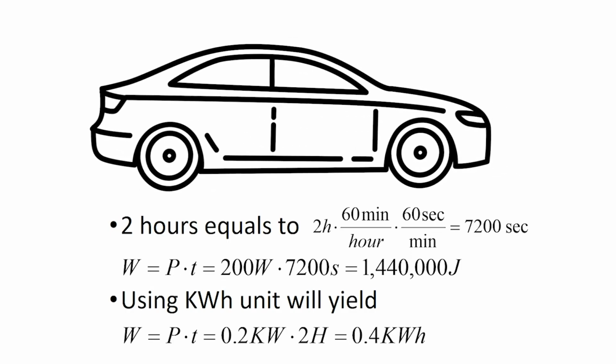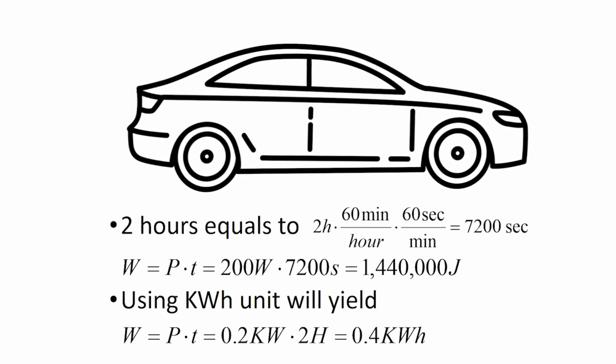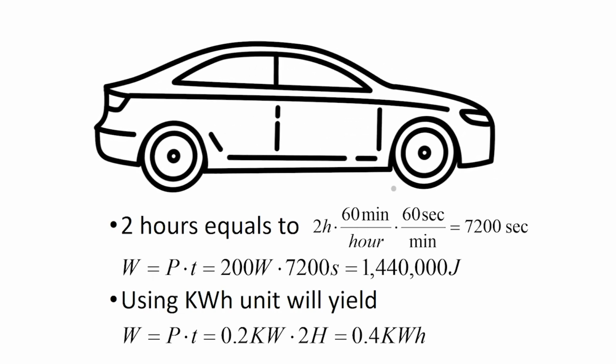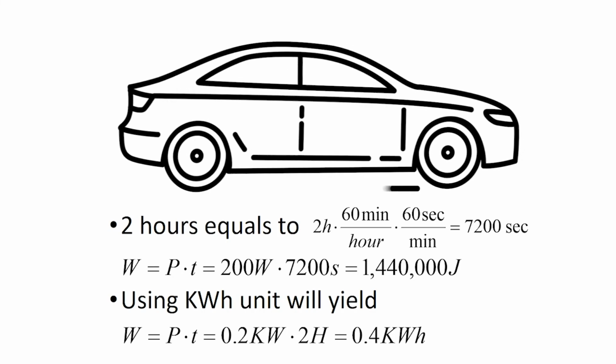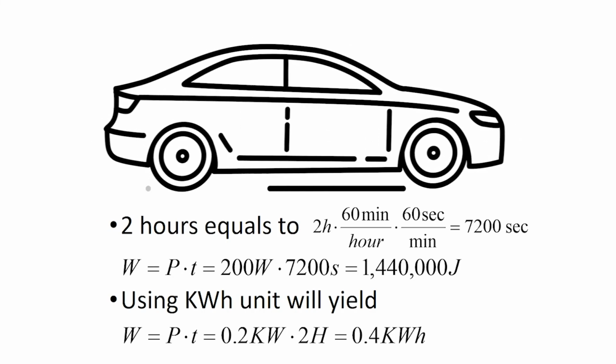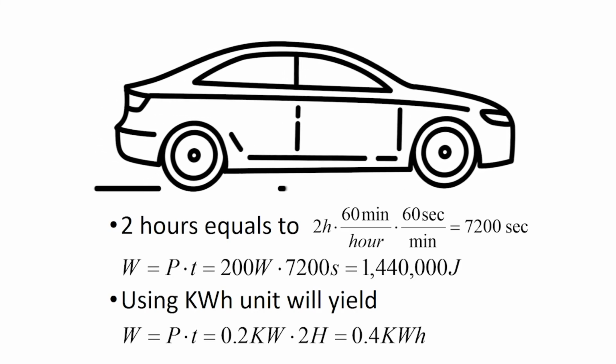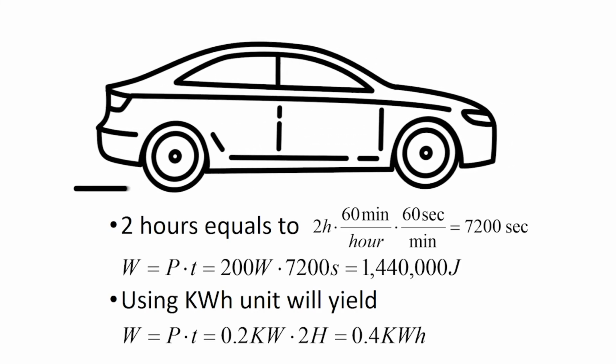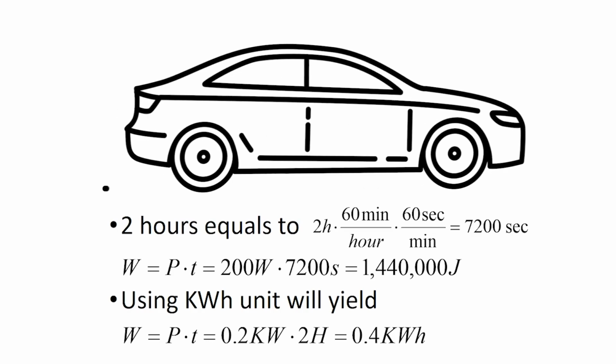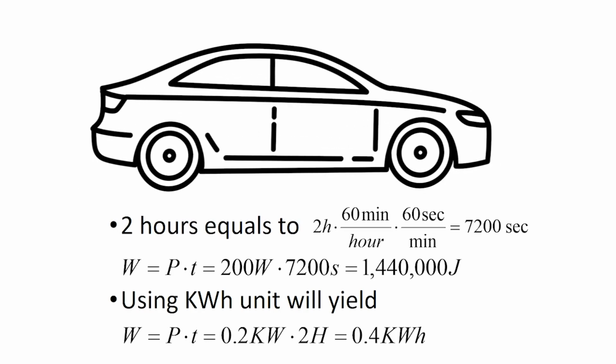If we use kilowatt hours unit, it will yield W equals P times T, which equals 0.2 kilowatt times 2 hours, and this gives us 0.4 kilowatt hour. Pay attention that the 0.2 kilowatts equal 200 watts.